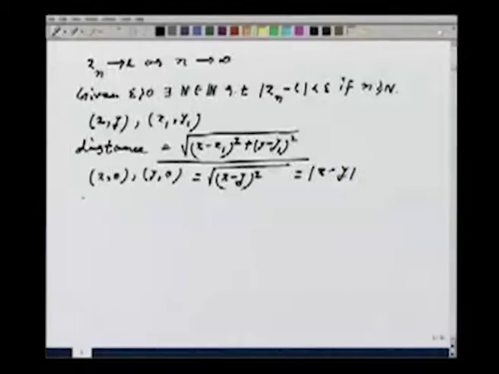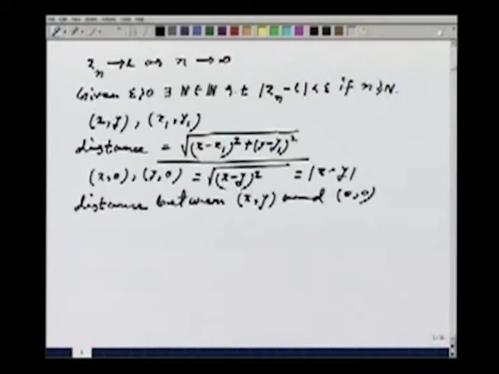So I am going to use some notation for this: the distance between (x, y) and (0, 0) is denoted by what is called the norm, a double modulus kind of.